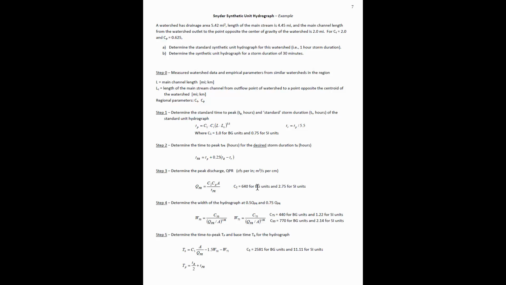You can go through and look at CFS and square miles and lengths and everything, and the units kind of make sense in a way for these coefficients, but it all sort of falls apart when you start looking at the time to peak, because those are all just strictly empirical where the units don't really match up so well.